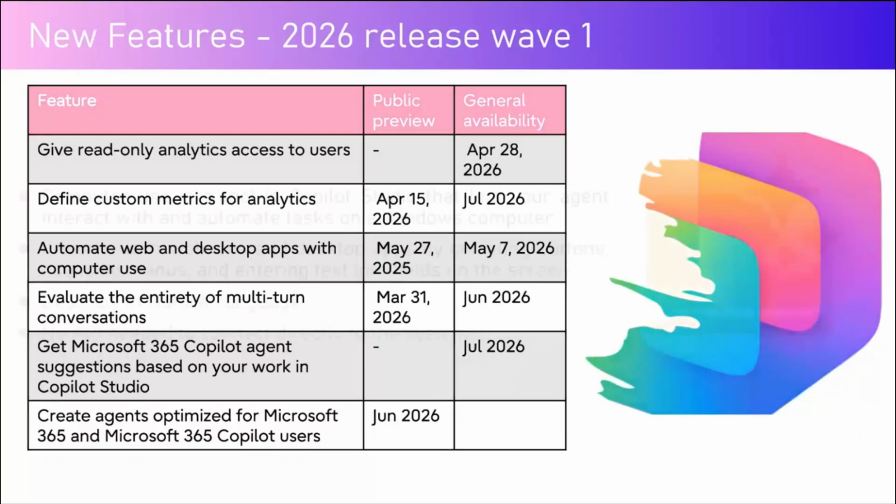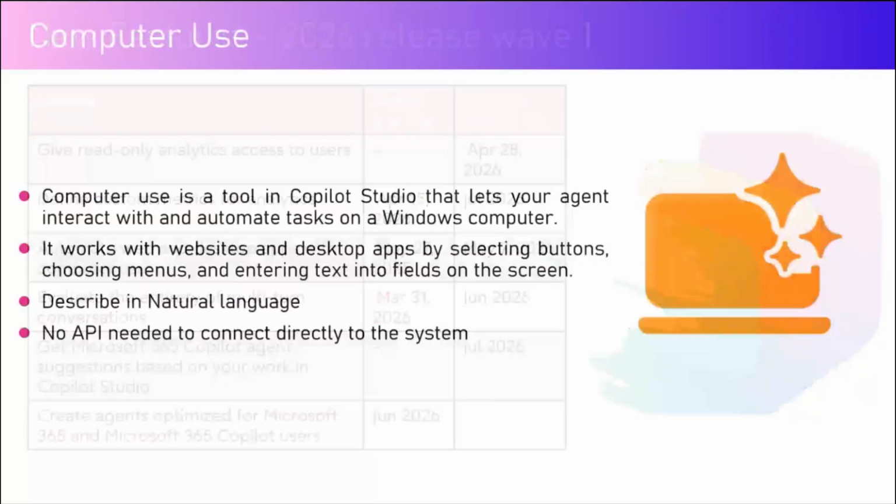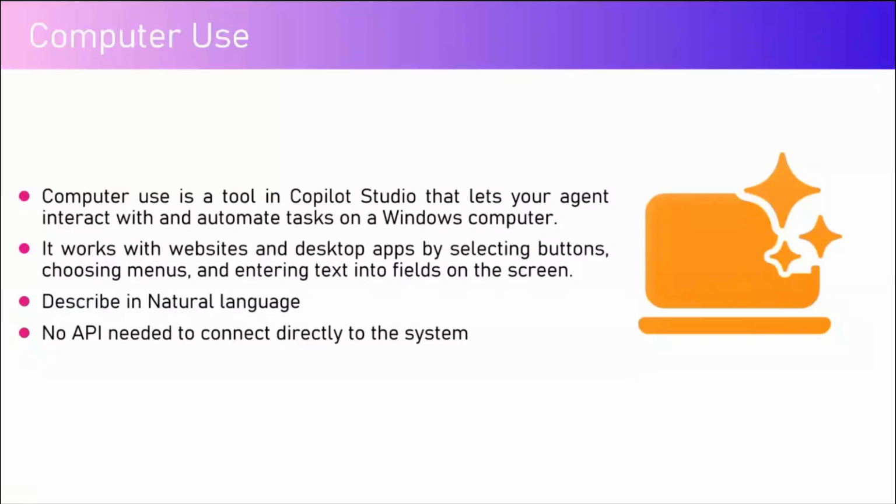The next one is computer use. Computer use is basically something that will automate any manual task. If you have used Power Platform desktop and configured any activity, it is similar to that.